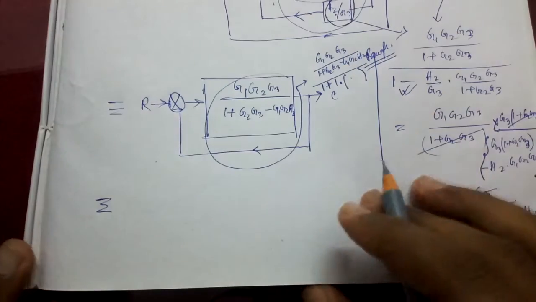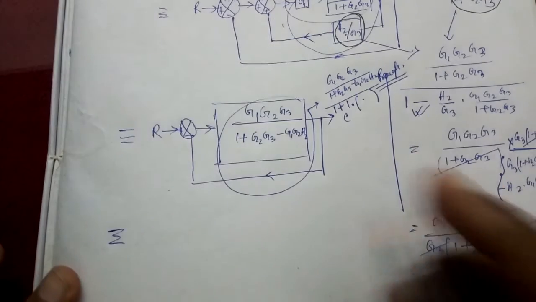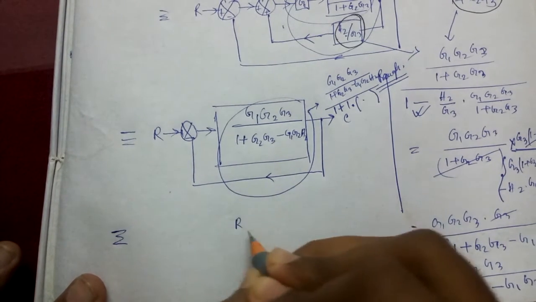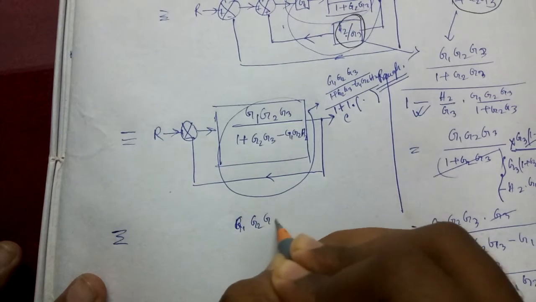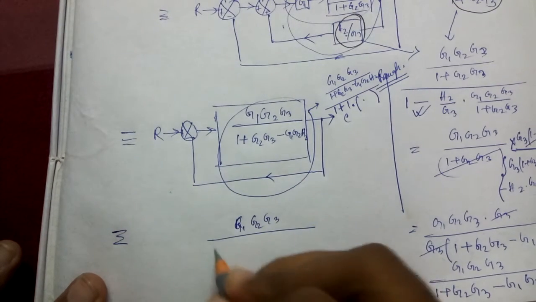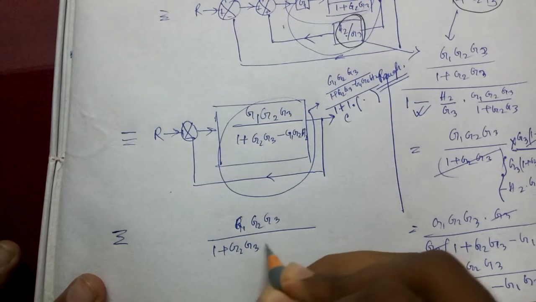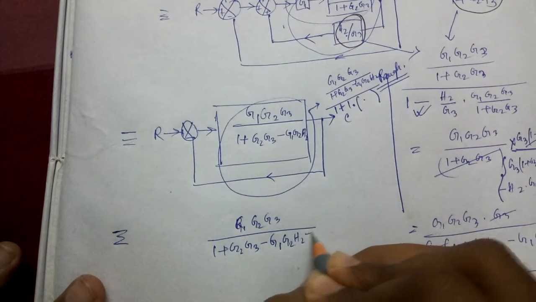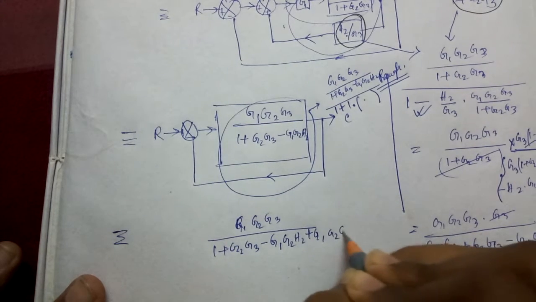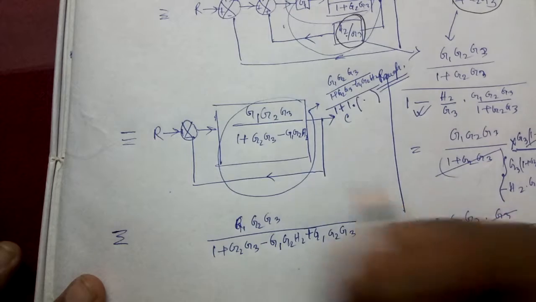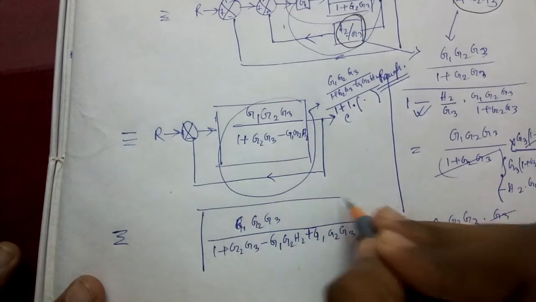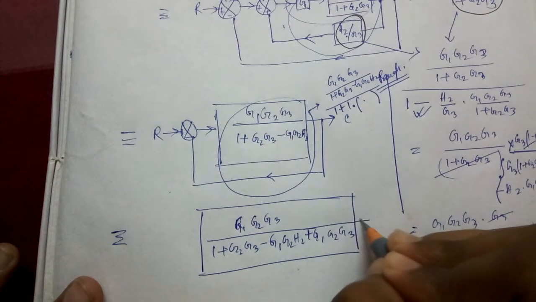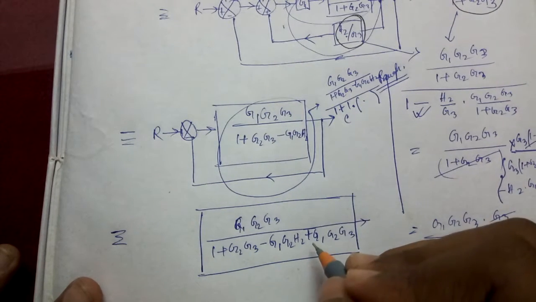If we calculate it, it will be resulting as G1 G2 G3 by 1 plus G2 G3 minus G1 G2 H2 plus G1 G2 G3. This is very easy calculation, you can do it, and it will be practiced by yourself. You can practice it and see that this is coming or not.